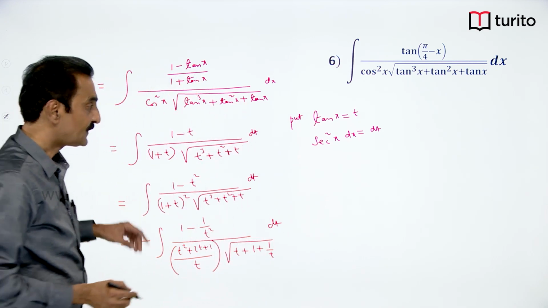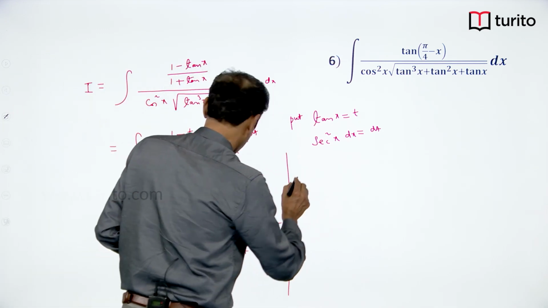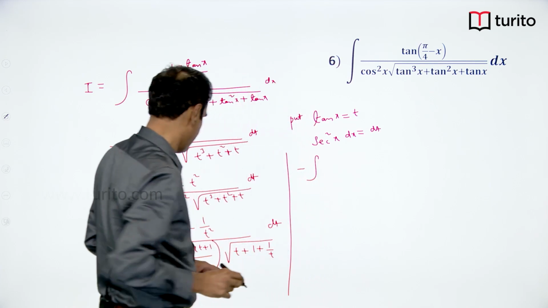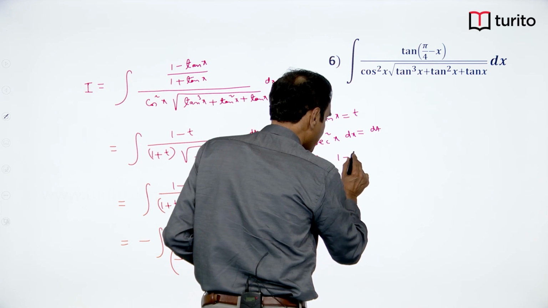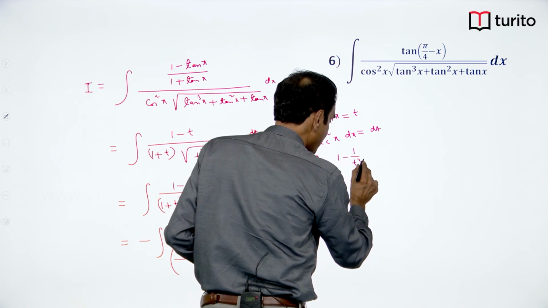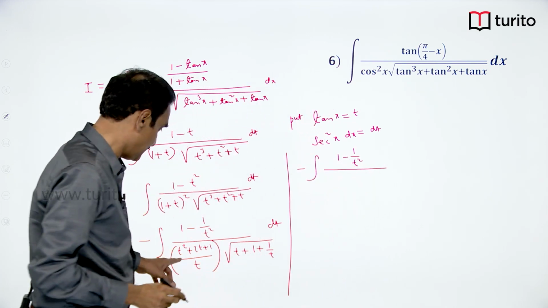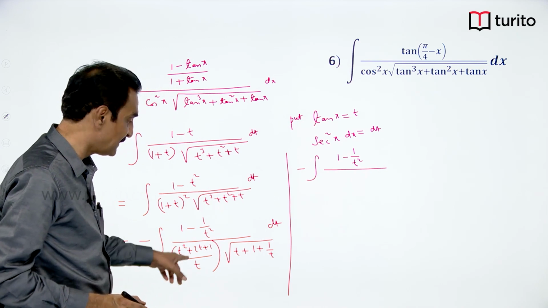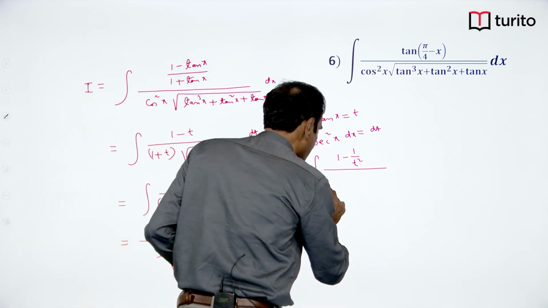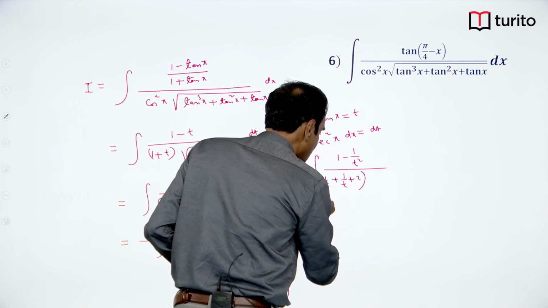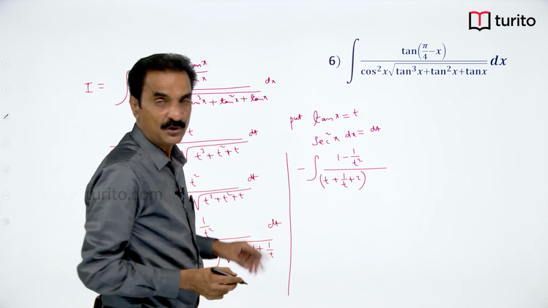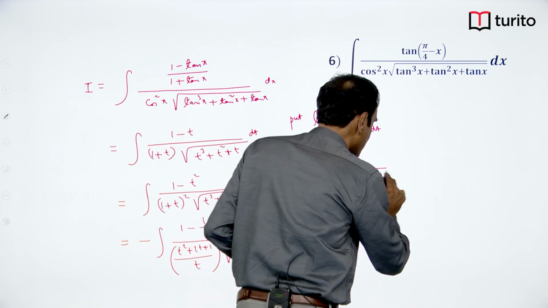Now it is minus integral 1 minus 1 by t square by, if you separate t, you will get t plus 1 by t plus 2 into square root of t plus 1 by t plus 1.